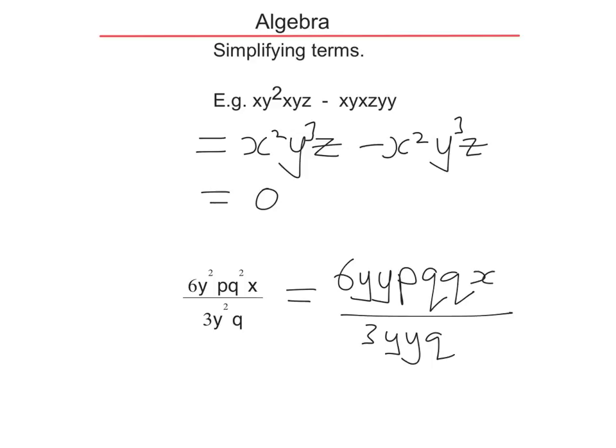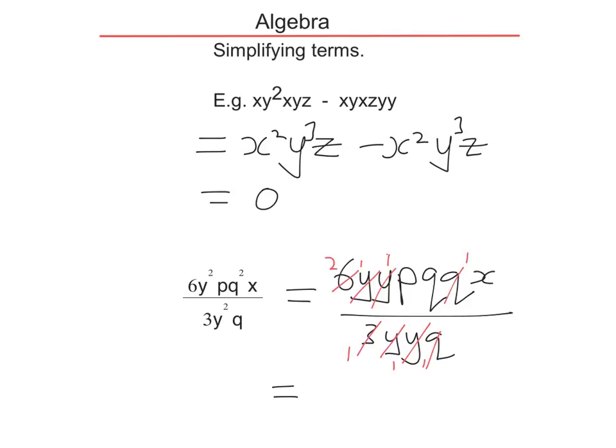So I can cancel here because there's a y there that can cancel with that and go one time, and a y there that can cancel with that y and go one time, and a q here that can cancel with that q and go one time. And 6 and 3 cancel because 3 goes into 3, 1, and 6 goes into 6, 2.